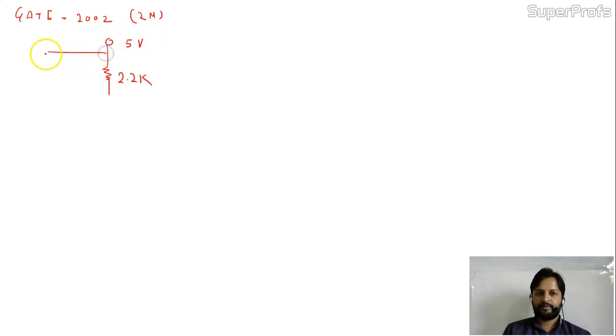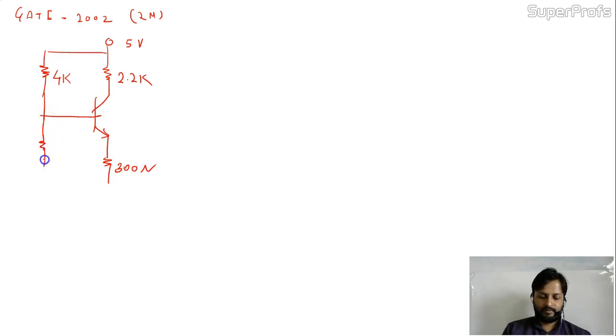This is 4K over here, and this is 300 ohm connected with 1K, which is grounded. Here they are saying this is minus and this is plus, and in between them we have VCE. In the circuit I have IC. Everything is correct now.